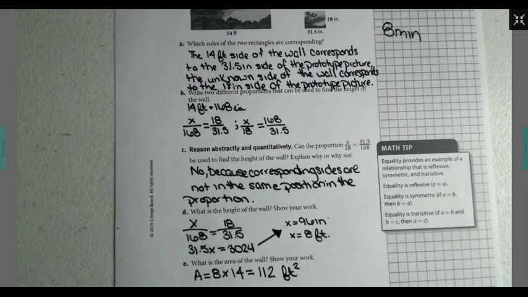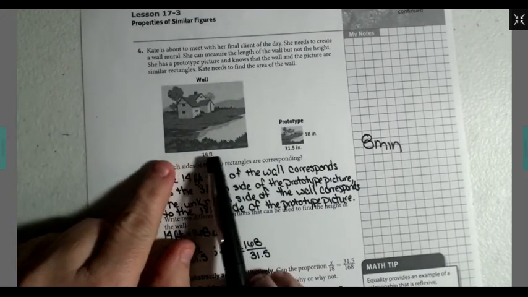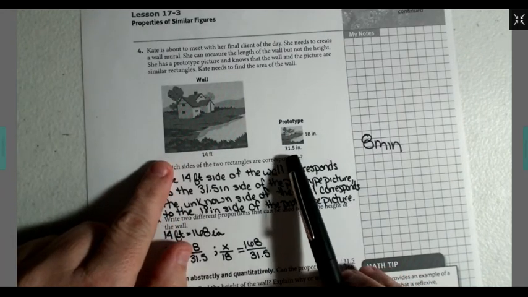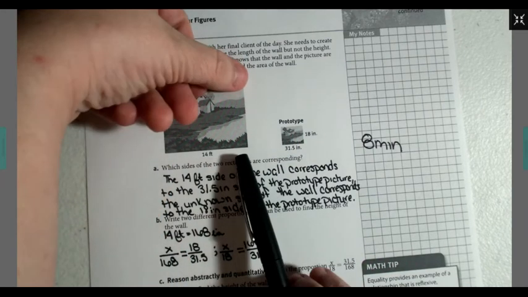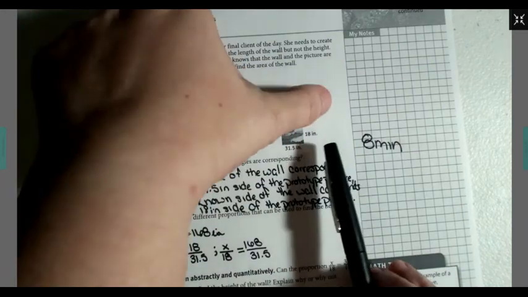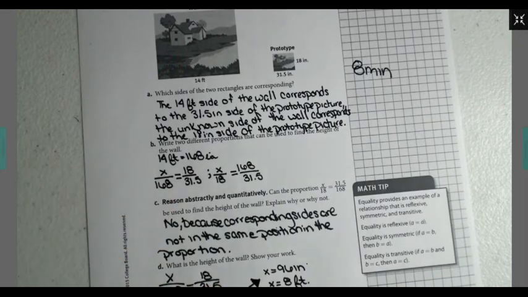All right. So to do this, we first asked what two sides of the rectangles are corresponding. Well, 14 feet is corresponding to 31.5 inches. Our unknown is corresponding to 18 inches. In order for us to do this, we have to have everything in the same measurement.